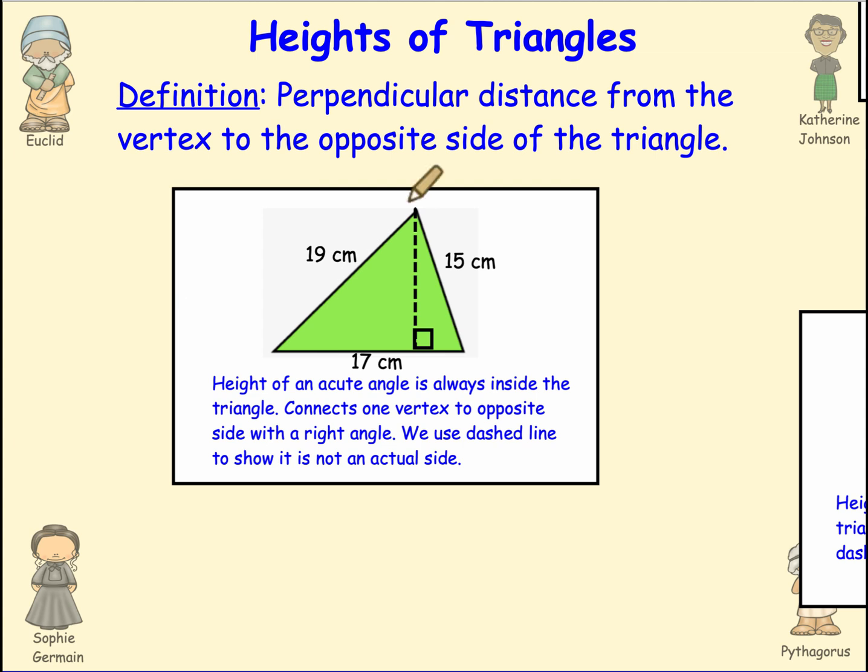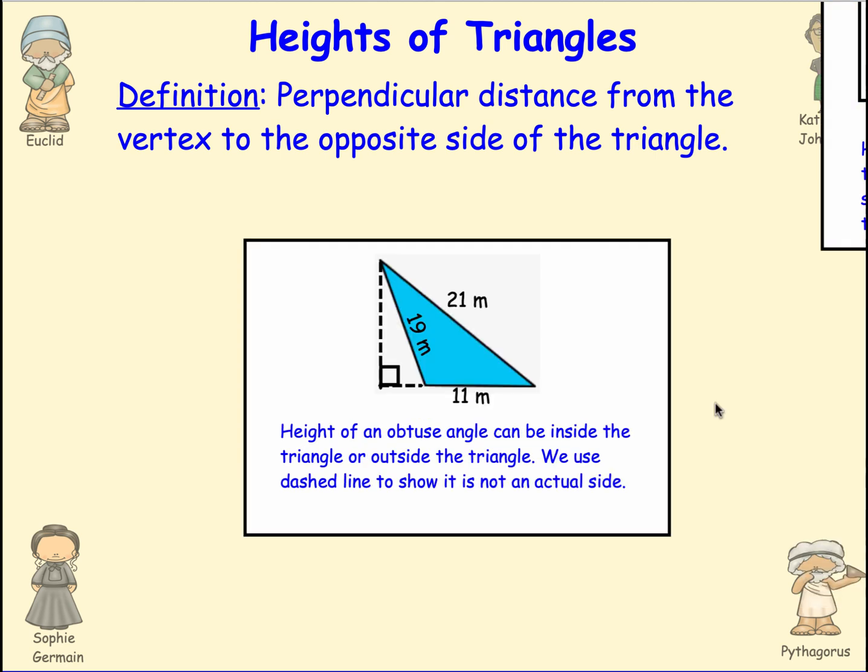And I use a dashed line to represent that it's not a side, but it's a height. And I always use that square to represent 90-degree angles, so we know that of the two things connected by the 90-degree angle, one of them is going to be the height, and the other one is going to be our base. And in this case, 17 centimeters has to be the base because it's a side of the triangle.